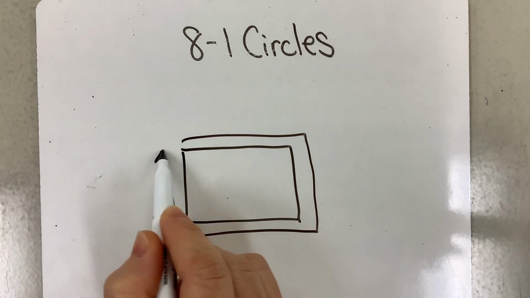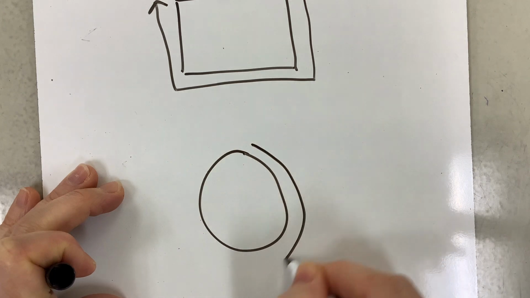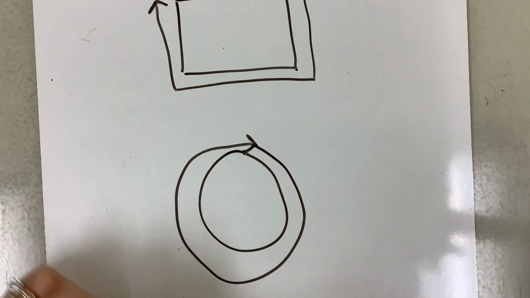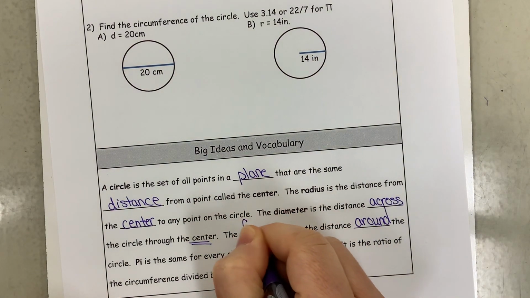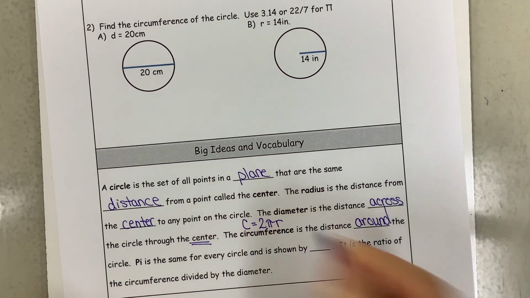Okay, that was our perimeter. So in a circle, the perimeter is still the same thing, but it's called the circumference, and it is the distance around the circle. That formula, and you do need to memorize that, is circumference equals 2 pi r.